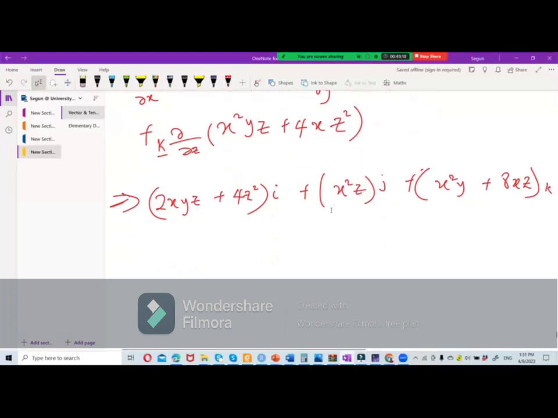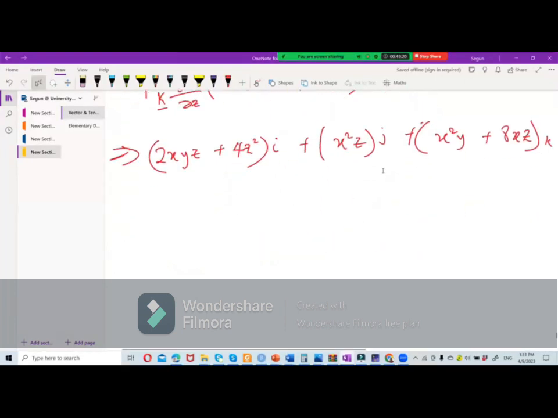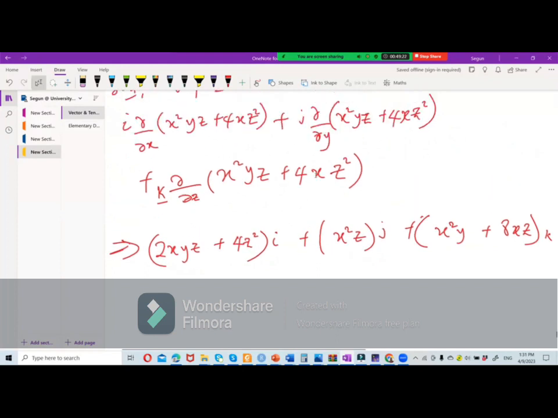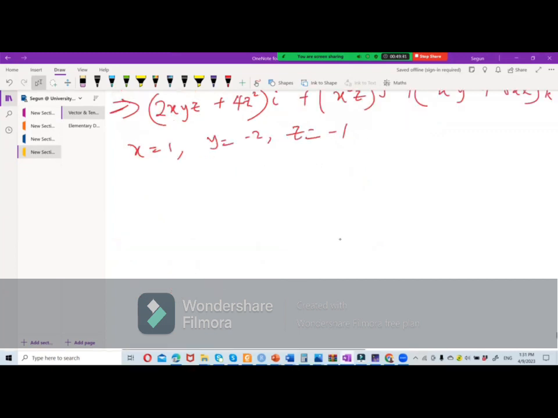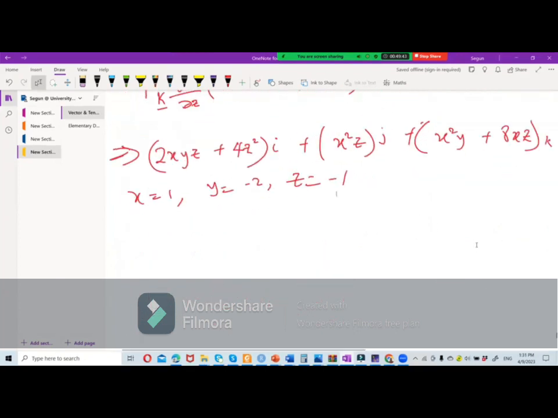So let's look at our point. Remember, the question is giving us this. We're given some points. The point x is equals to 1, y equals to minus 2, z equals minus 1. So we can proceed by substituting this value there.